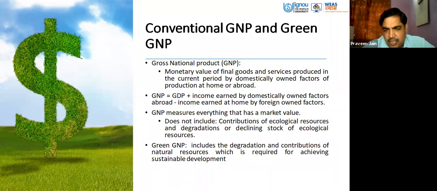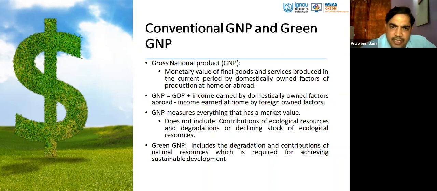But this measure also does not include the contribution of ecological resources and also the degradation or declining stock of ecological resources. Whereas green GNP will include the degradation and contribution of natural resources, which is required for achieving sustainable development.